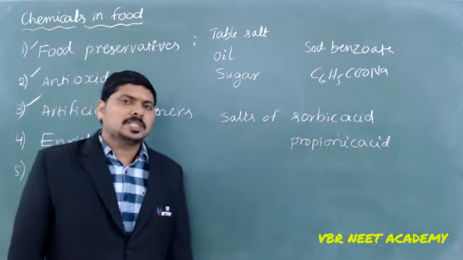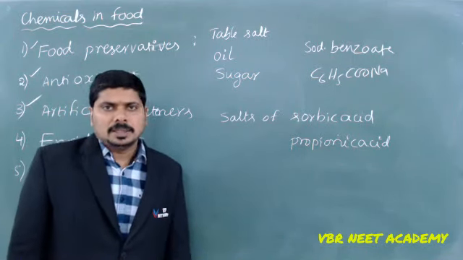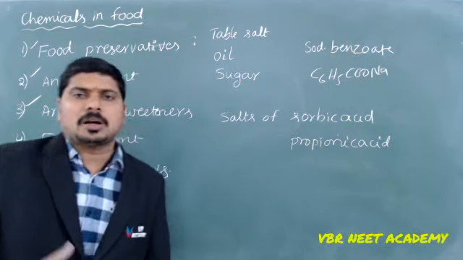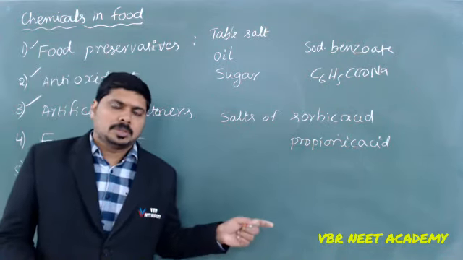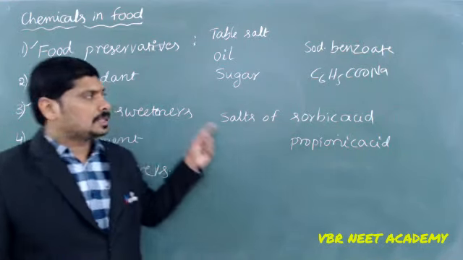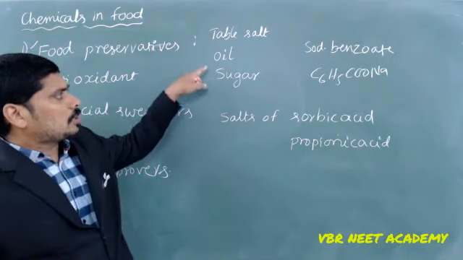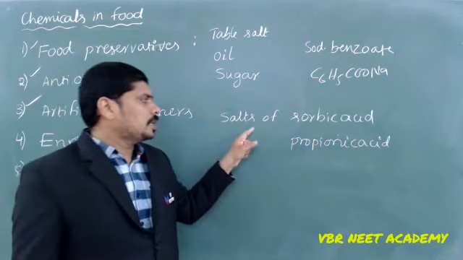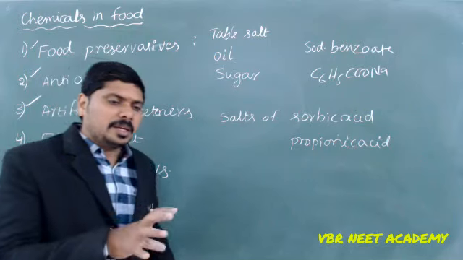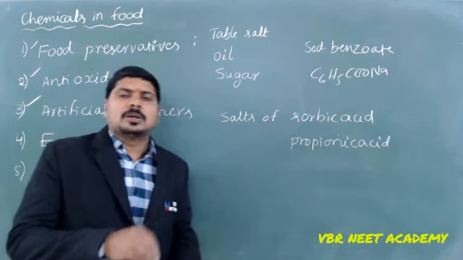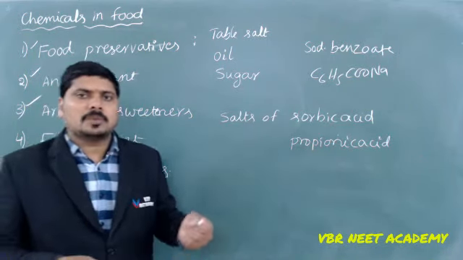So all these food preservatives maintain the life of that food for a longer time. That is the use of these food preservatives. So that is what we discussed in food preservatives: table salt, oil, sugar, sodium benzoate, and salts of sorbic acid and propionic acid prevent microbial growth on your particular food substance.